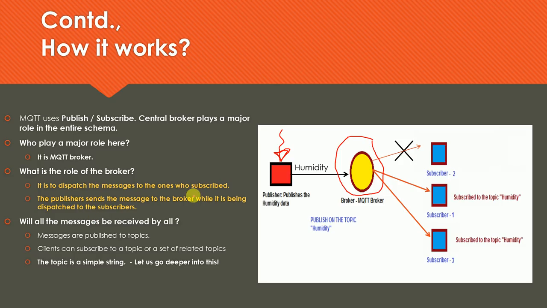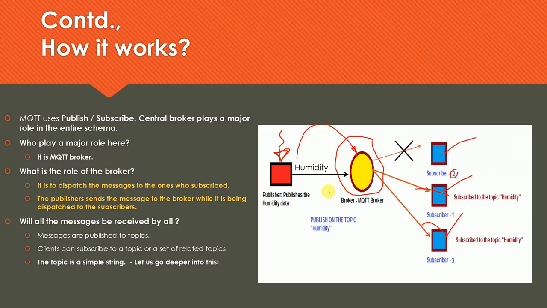It's called a node. So I am sending humidity data, and the message is received by the MQTT broker. I have many subscribers here, out of which one might have subscribed for this data, whereas subscriber 2, you can see, has not subscribed for it. Whoever has subscribed for this humidity data will get this data.